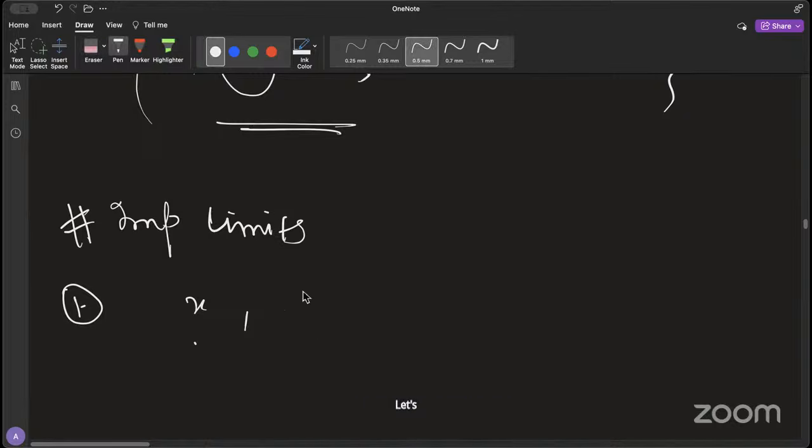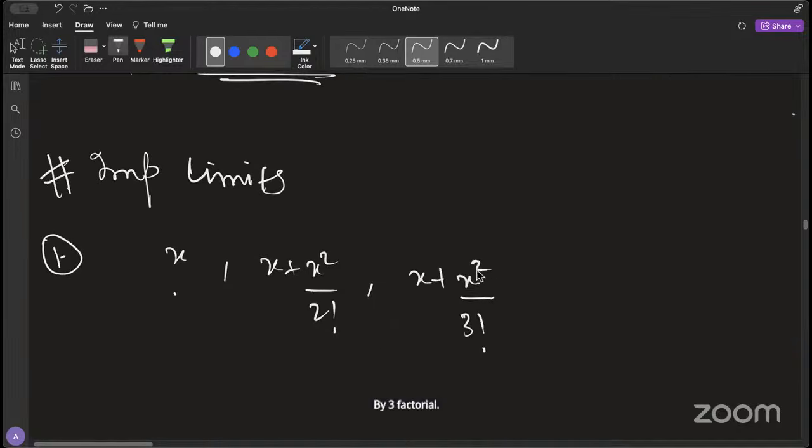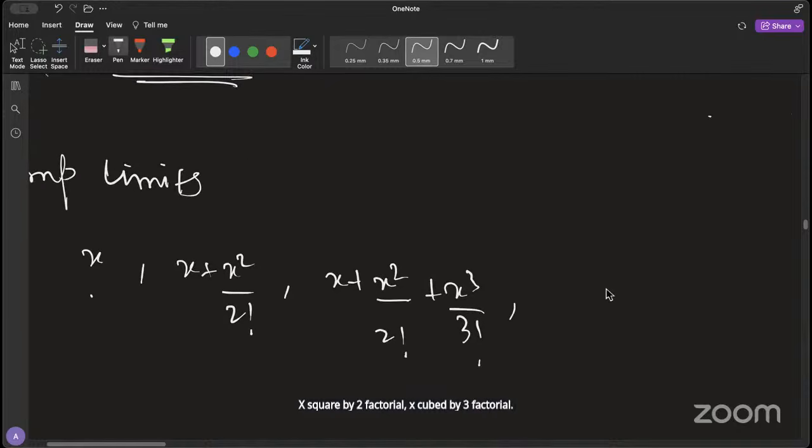Let's say I have x, then x plus x square by 2 factorial, then x plus x square by 3 factorial, x cube. Sorry, we're adding these, right? So we'll have x square by 2 factorial, x cube by 3 factorial. Then next time we'll add the fourth term too.